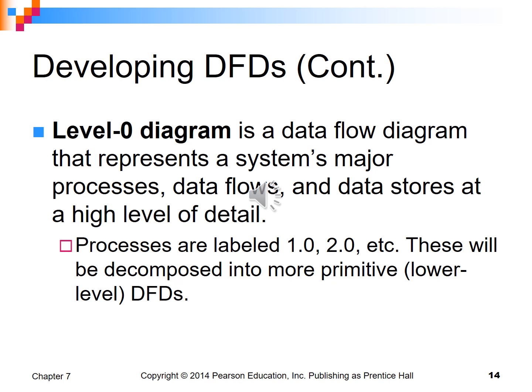It depends on the context diagram. If your context diagram contains the university system, then the level 0 diagram has the major entities like the registration system, financial system, purchasing system, library system, etc.